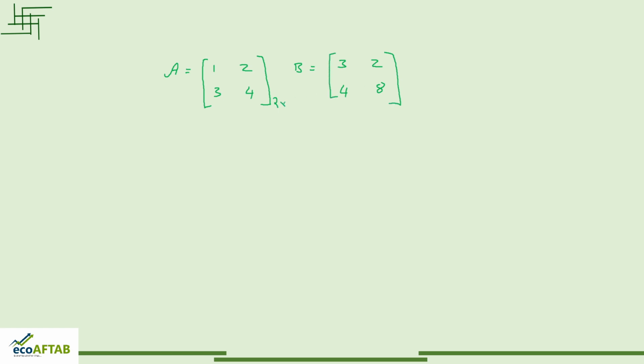So this is 2 by 2 dimension, and even this is 2 by 2 dimensions. So now if you want to multiply matrix A with B, what do we do? 1 into 3 plus 2 into 4, then comes 3 into 3 plus 3 into 4.